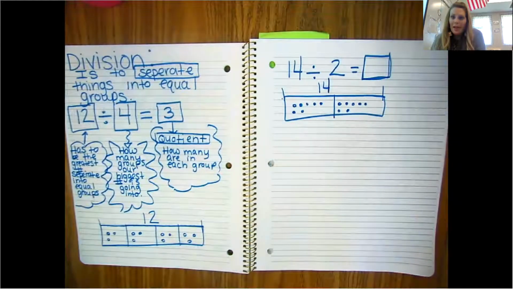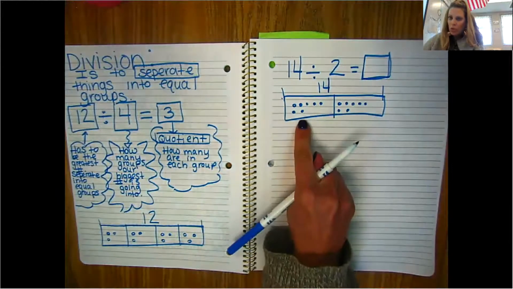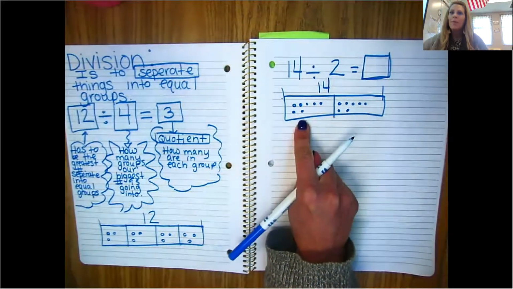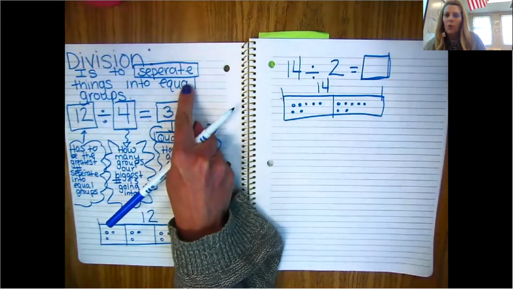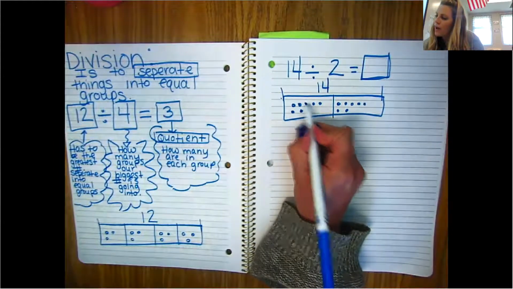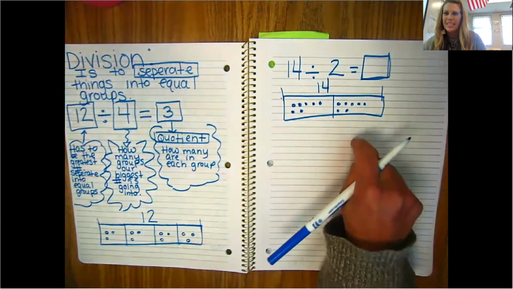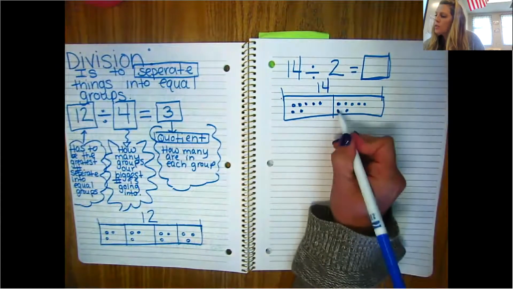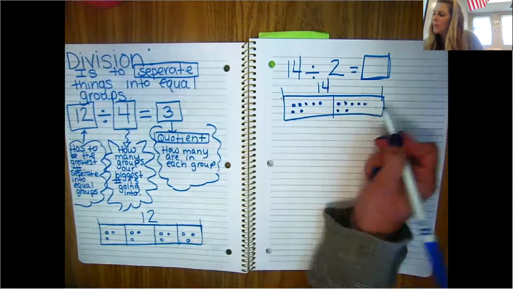So how many are in each group? Now, when you divide, this group should always have the same as this group because they have to be equal. So let's count. 1, 2, 3, 4, 5, 6, 7. Check your work. Make sure this one has 7 too. 1, 2, 3, 4, 5, 6, 7.